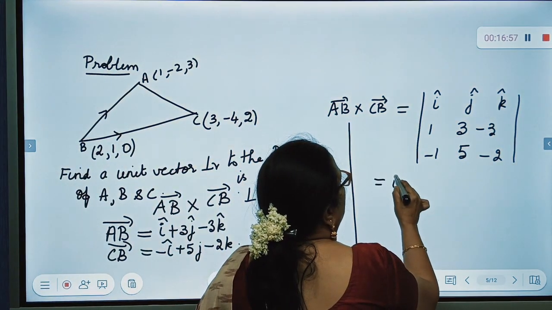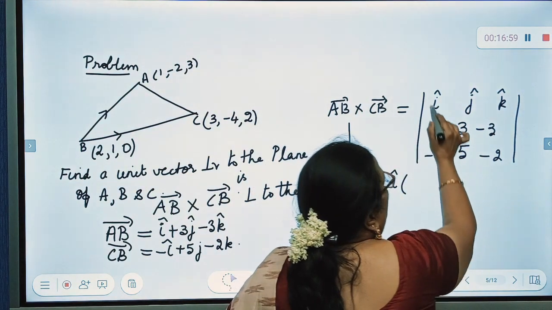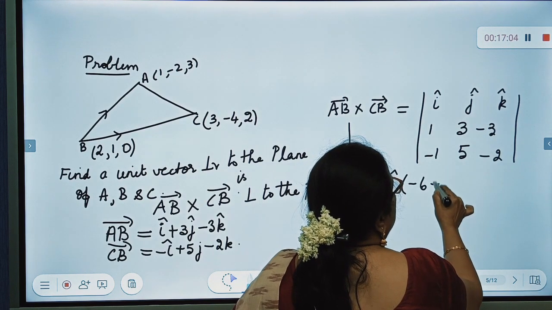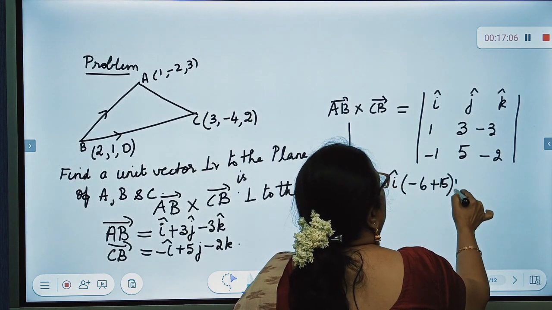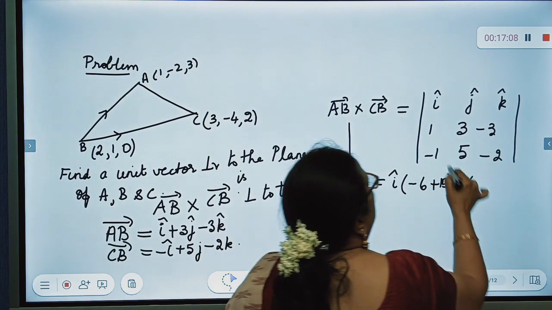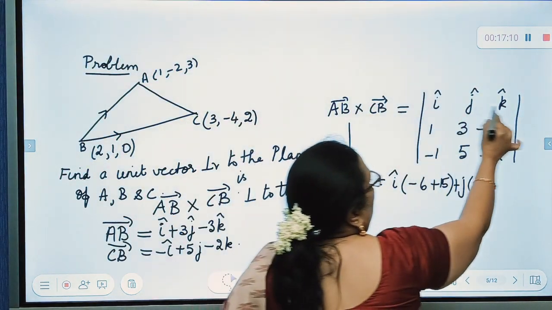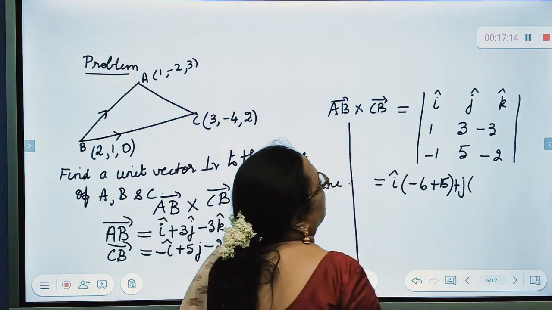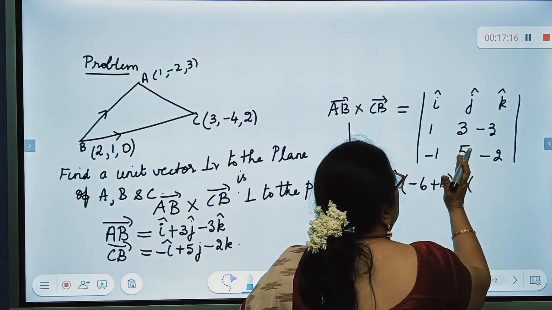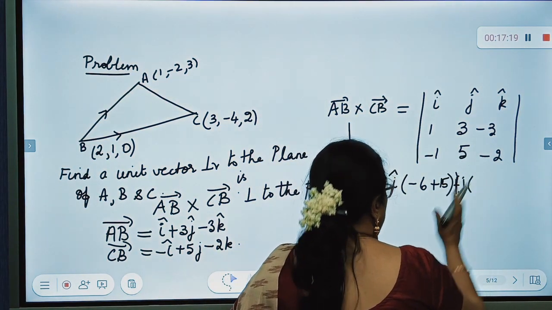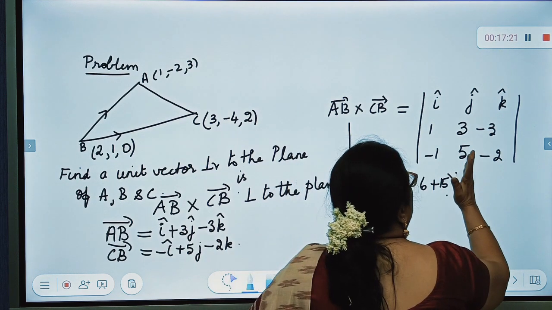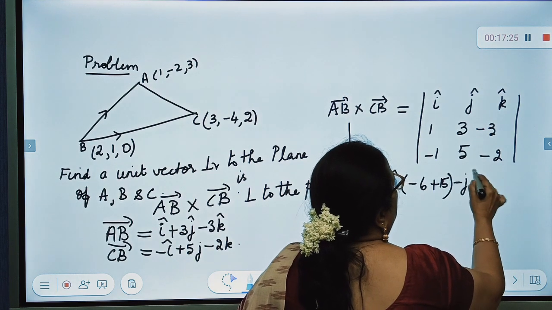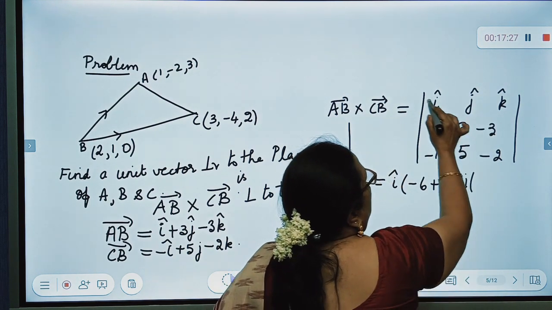This is I vector into, leave out that column and leave out that row. You will get minus 6 plus 15. Leave out this column, leave out that row, minus 6, minus of minus, plus 15. So now next, minus j into, leave out this column and leave out that row.